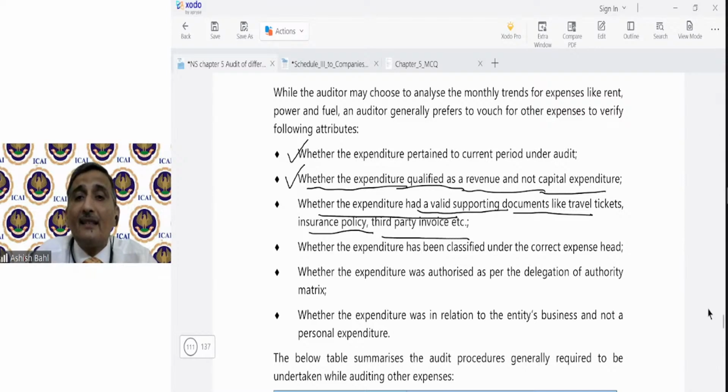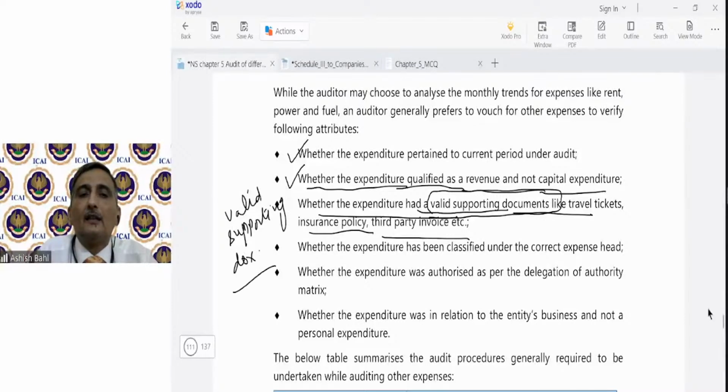So this word you can remember, students. Valid supporting documents. This also fits everywhere. Whenever you are writing something about expenses, verification of expenses, you can write that it is supported by valid supporting documents.